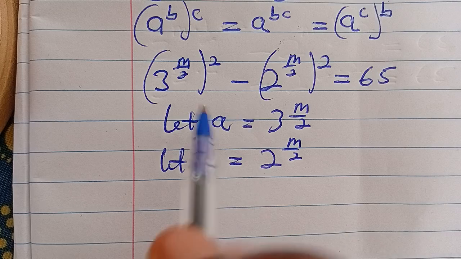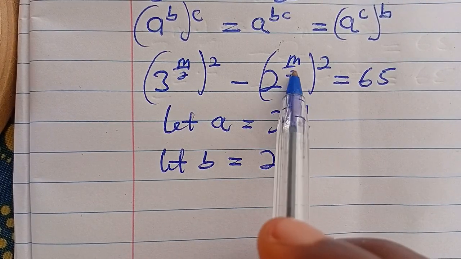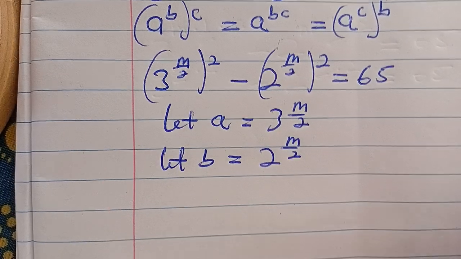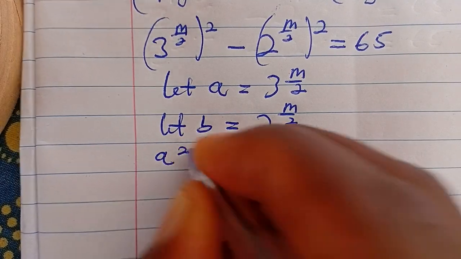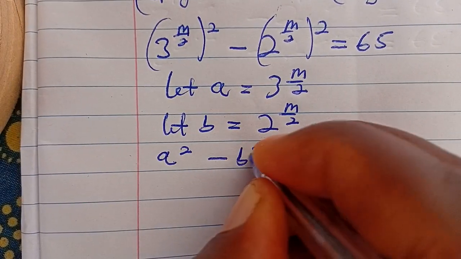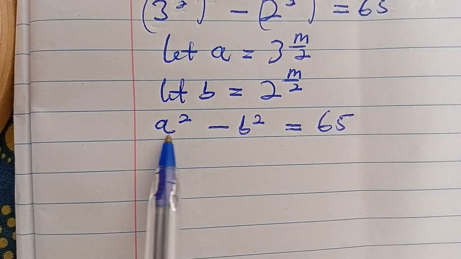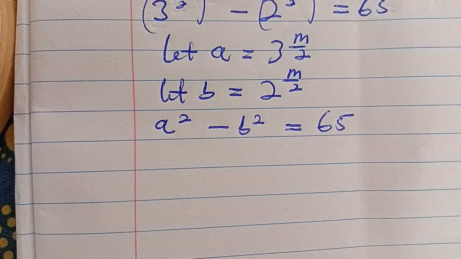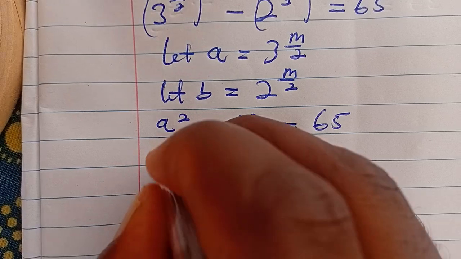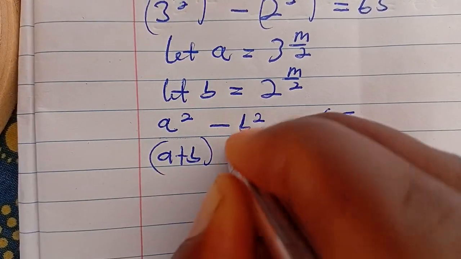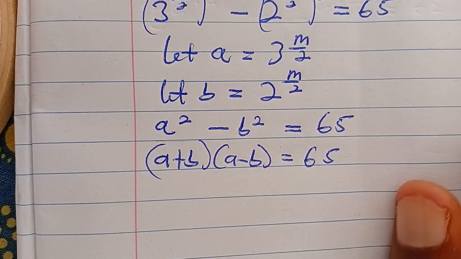So in place of 3 exponent m over 2 you put a, in place of 2 exponent m over 2 you put b. So our equation becomes a squared minus b squared is equal to 65. You can see we are having difference of two squares, so we can break this down further as a plus b, a minus b is equal to 65.